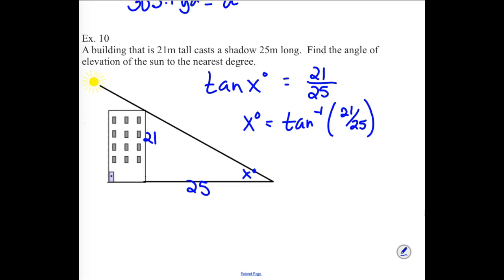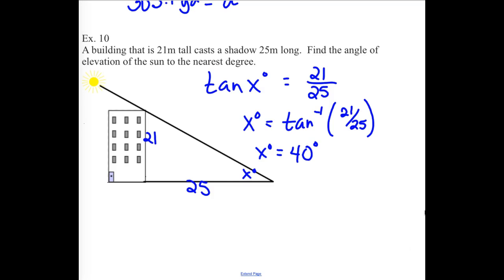And if our calculator is in degree mode, it's going to give me the angle in degrees, which is what they asked us to do. So you have to do second tangent, put in your 21/25. And it did say to round the answer to the nearest degree. 40. So we should be getting an angle of 40 degrees. We okay with that? All right.